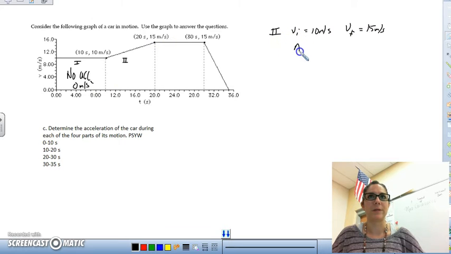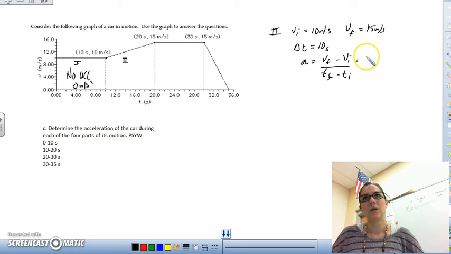So my delta t, this is a case where your initial time is not 0. I'm going to jump ahead and just say my interval is 10 seconds because I know 20 minus 10 is 10. Acceleration is basically the slope. So final minus initial, final minus initial. We're basically taking the slope of this.